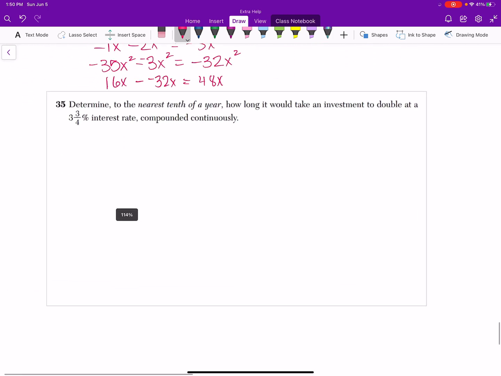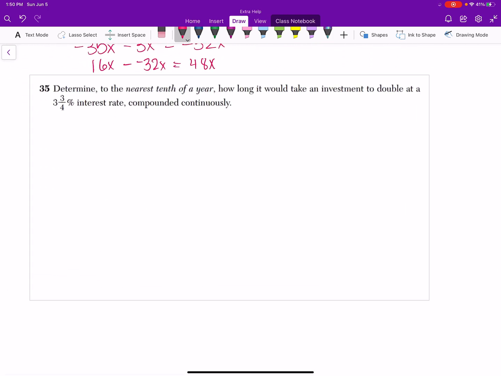Next one. Determine to the nearest 10th of a year how long it would take an investment to double at a 3 3/4% interest rate compounded continuously. So compounded continuously is our PERT formula.